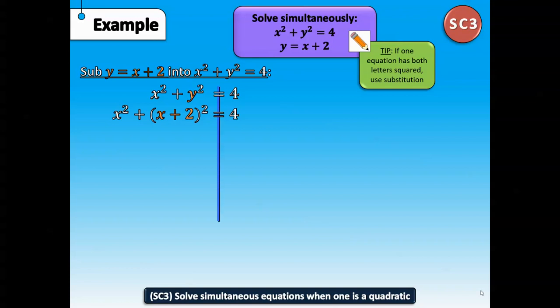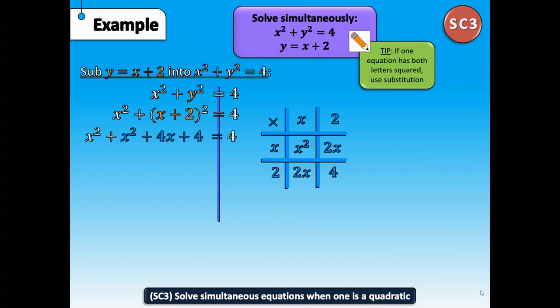So first of all, I expand the brackets. So x plus 2 squared is x squared plus 4x plus 4. I then simplify and get it to equal 0 by taking 4 off both sides.